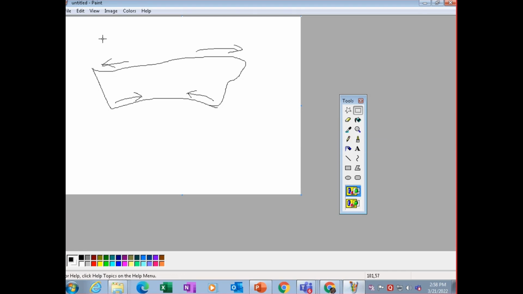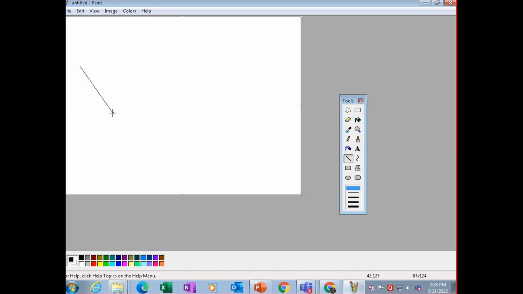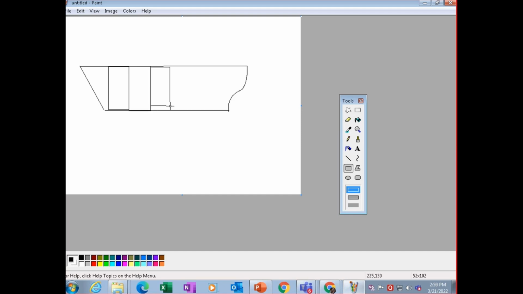Now, where is the shearing stress coming up when you're loading your vessel? Now, this is the vessel.